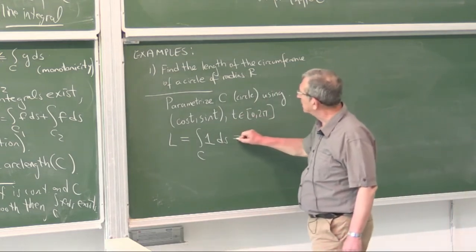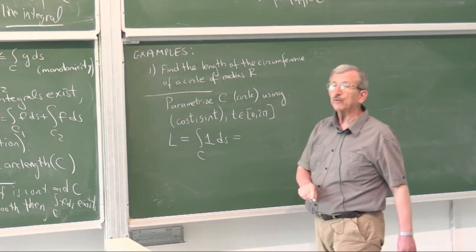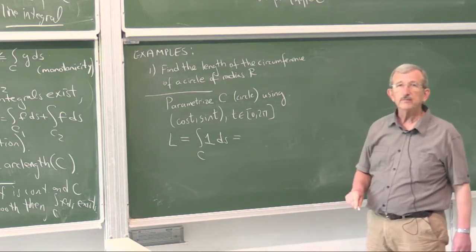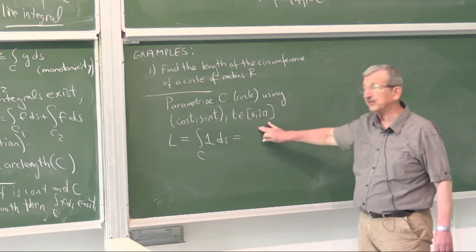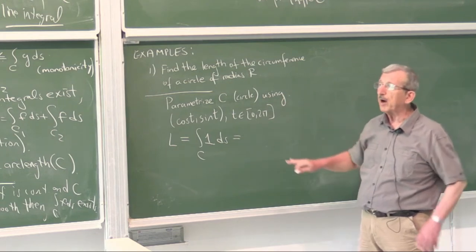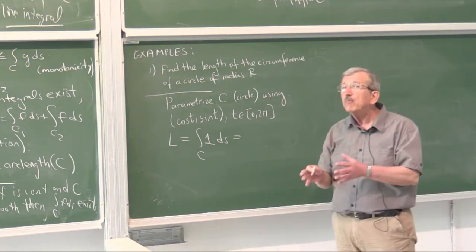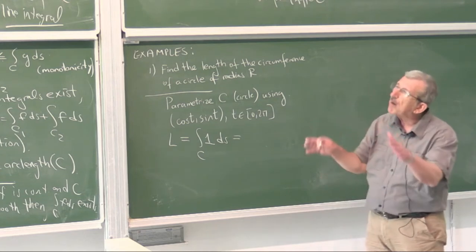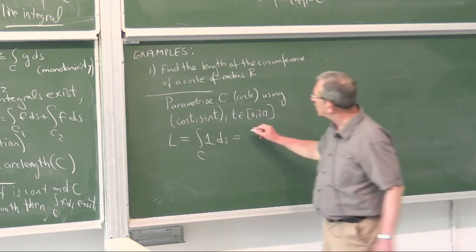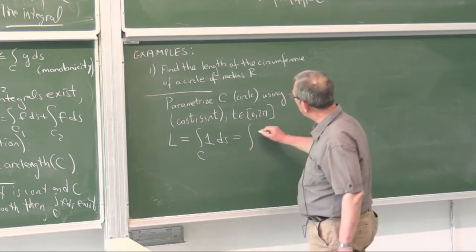Even though this is a closed curve, we don't care about it because we have parameterized it. We are not talking about the graph of a function anymore, so you don't have to look at the top part only. So this would be the integral of 1.